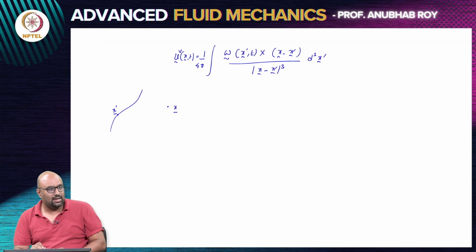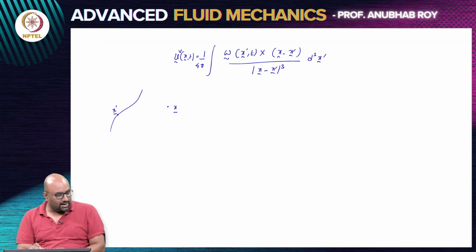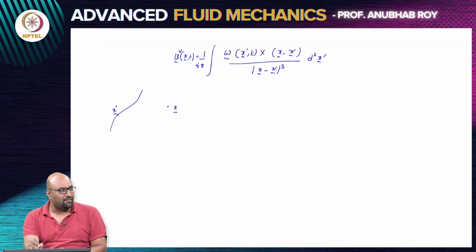As you can see, the way we arrived at this particular approach is saying that I know the vorticity at a given location x prime, and x is where I am finding the velocity field, and this is what is giving me my contribution. Now, how do I get this? It is not just randomly pulled out.